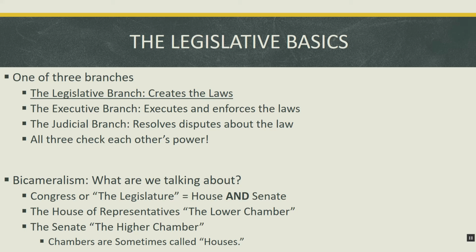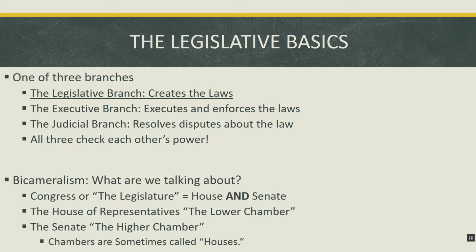This division of Congress into 2 separate groups or bodies of elected officials that operate more or less independently is what we call bicameralism. Bicameralism is the division of the legislature into 2 separate and independent chambers or houses or groups of elected officials.